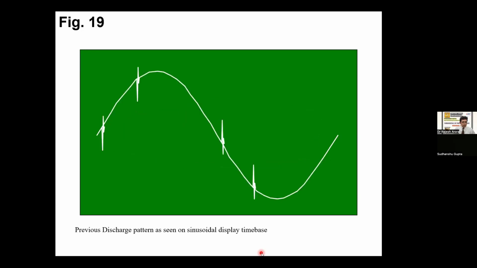In the sine wave, it appears like this, where you can see the partial discharge pulses on the rising trend of the voltage, in the first quadrant and the third quadrant.